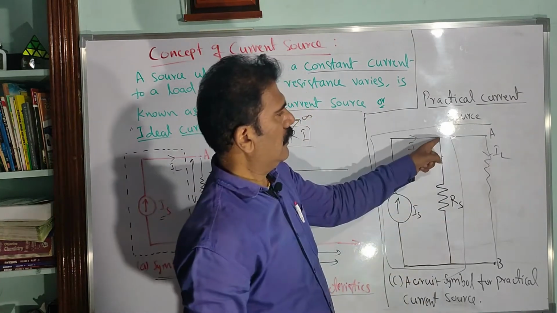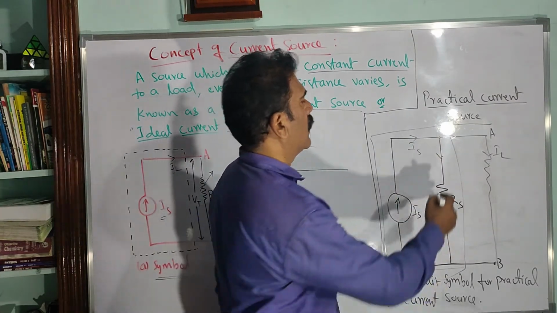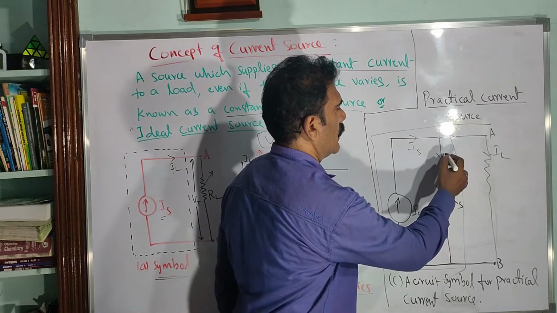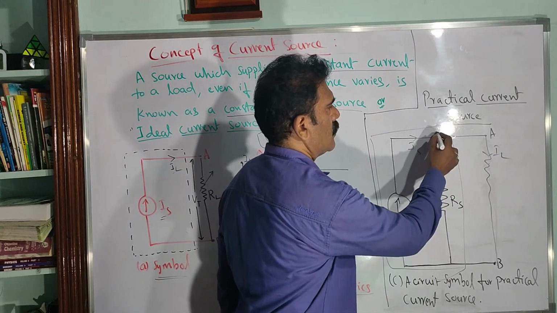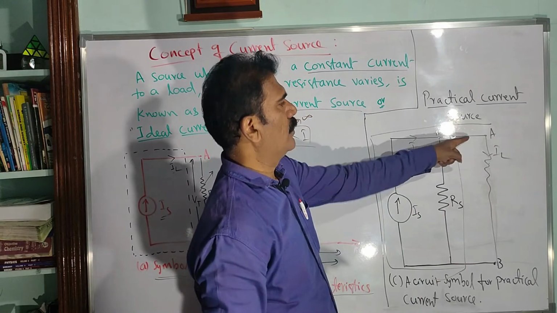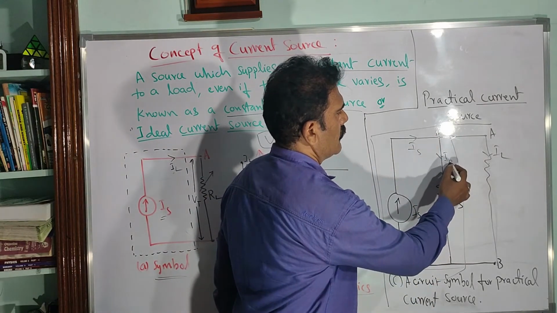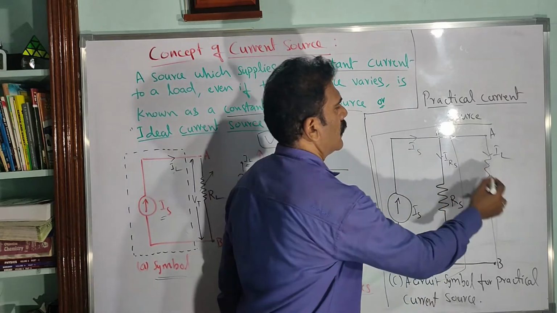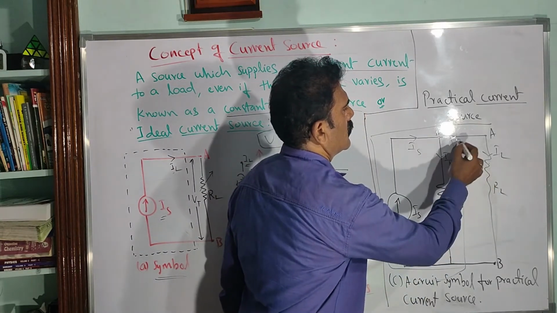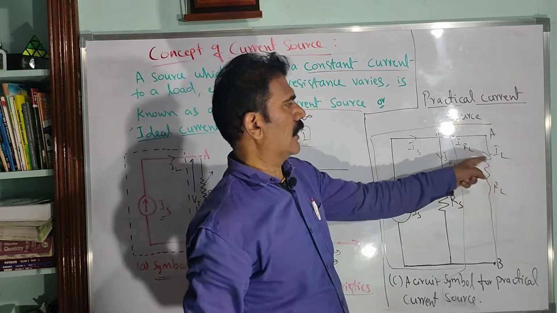You can look at the diagram. At this point the current divides into two directions. This acts as a node, and at this node there are two paths. Part of the current passes through the resistor RS, IRS, and part of the current passes through the load resistor, IRL.